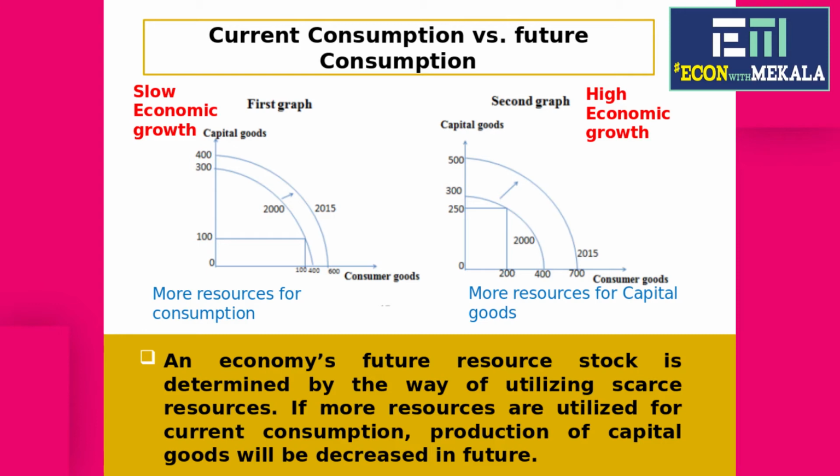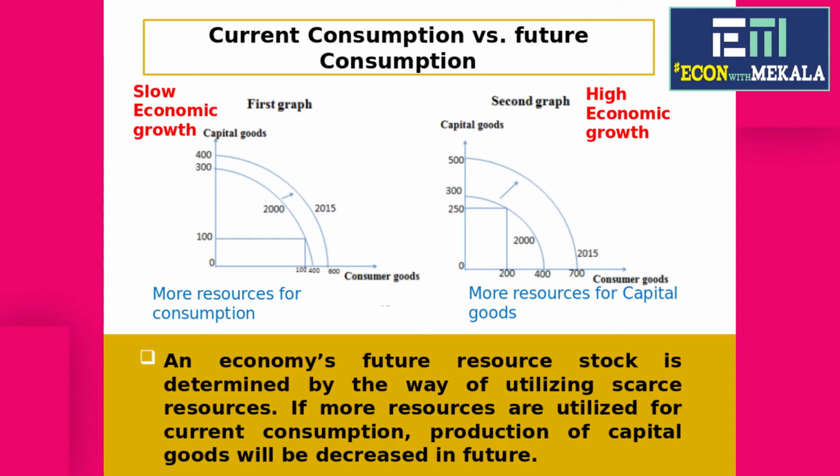So remember, if you utilize more resources for current consumption, there will be difficulties for you in future. For this example, we have taken a situation where we have utilized more resources for current consumption and for capital goods, and what will happen to production of capital goods in future.